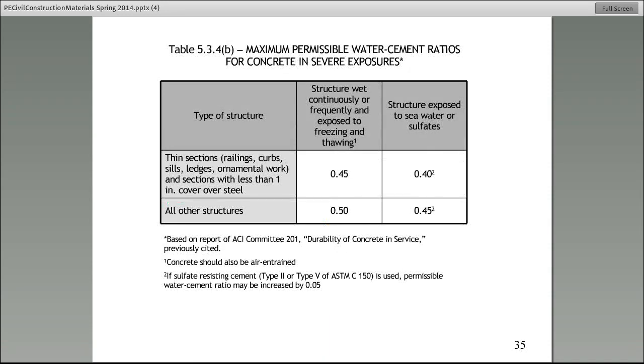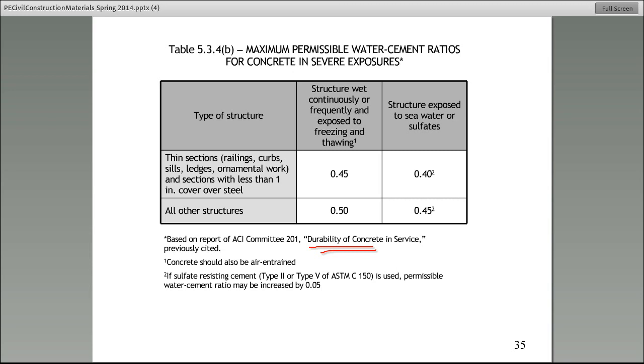Well, there is one other element that we need to check, and that is the durability of concrete. Look at the bottom of this table, it's the durability of concrete in service. Sometimes it's not the strength that controls, it's the durability requirements that control.